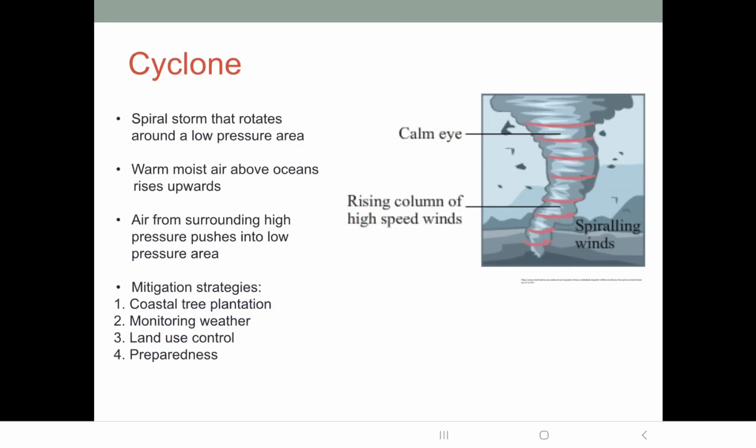This is a storm which occurs in the coastal areas, but its effects are seen a few kilometers into the interior of the country. So the effects are not just limited to the coast; they are seen in the interiors also.